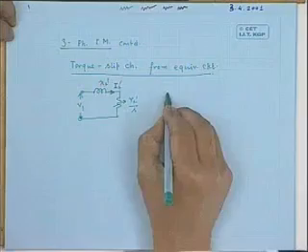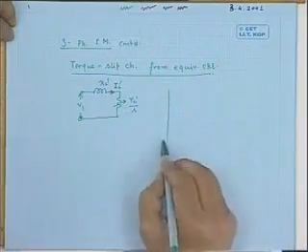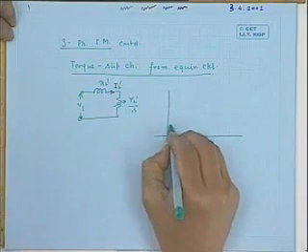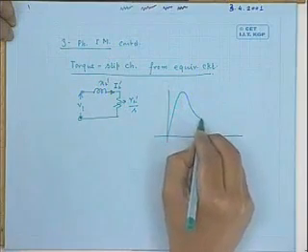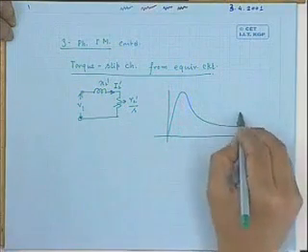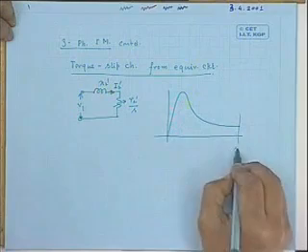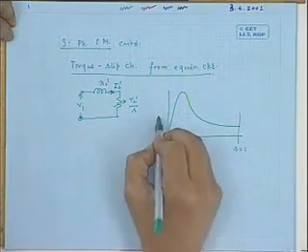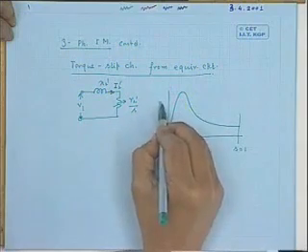So with this we obtained the torque slip characteristics in this way. Just quickly I will review. This is S equal to 1 and this is S equal to 0, and this is the value of the torque.